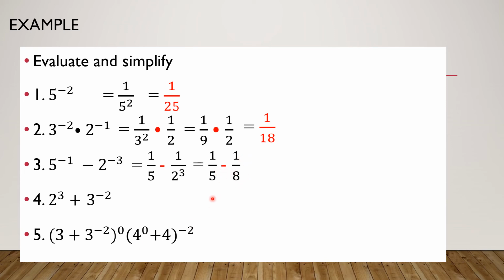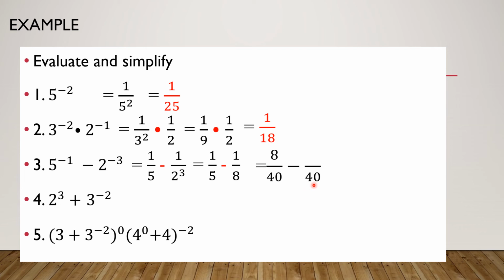Then, get the LCD or the least common denominator. So, the least common multiple is 40 as our LCD. Then, divide natin. 40 divided by 5. Very good. 8 times 1 equals 8.